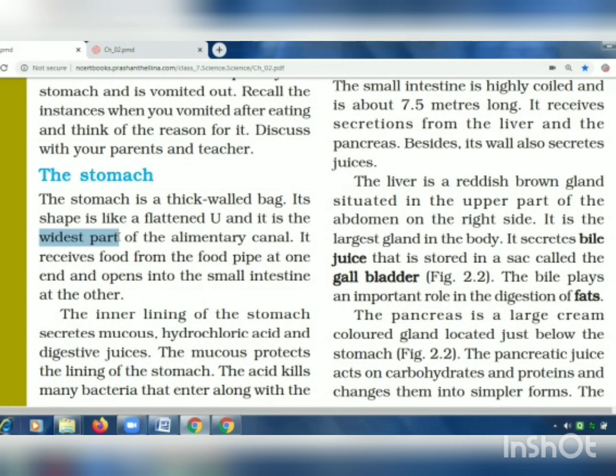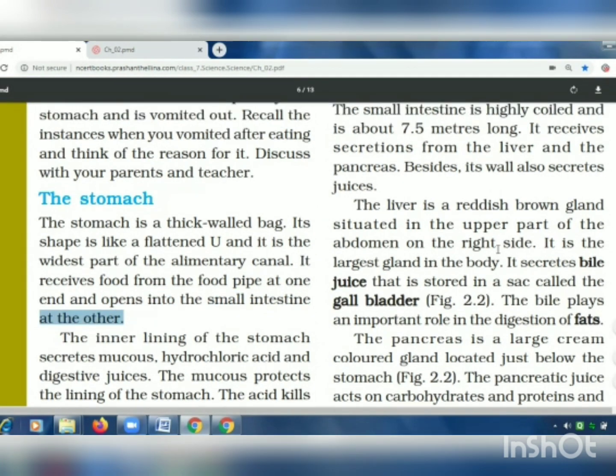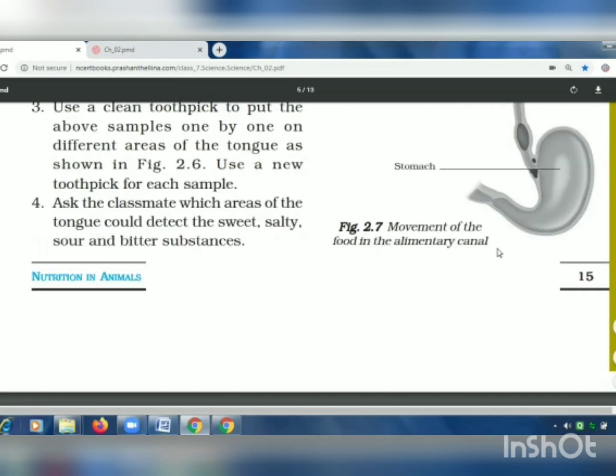It receives food from the food pipe, as we saw in the earlier topic, and it receives food from the food pipe at one end and opens into the small intestine at the other end. Okay, so I'll show you in the diagram.